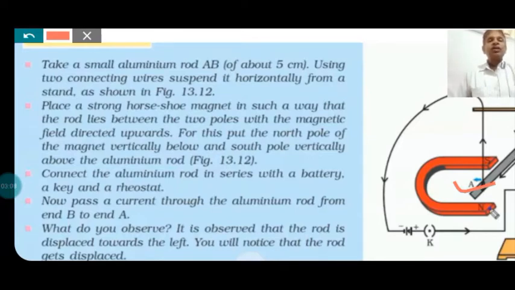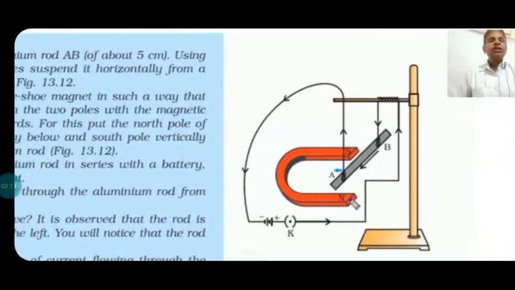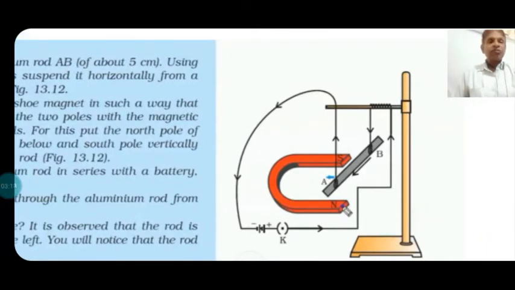It is shown here how it is horizontally suspended. Look here: it is the 5 cm aluminum rod, hung from the stand and connected to a battery, circuit and rheostat.